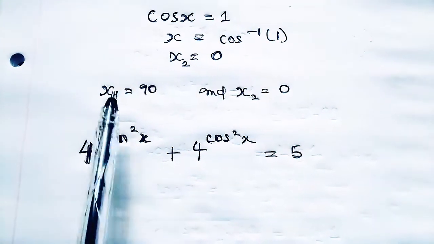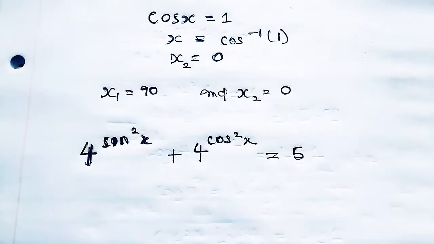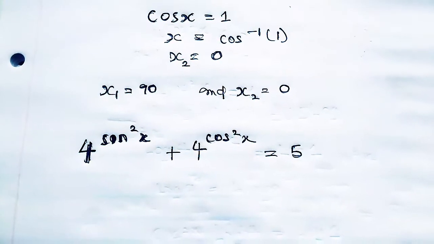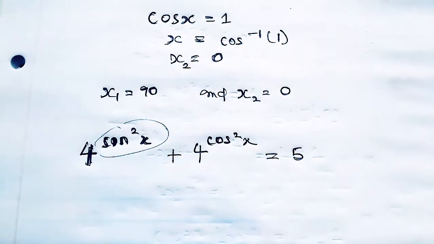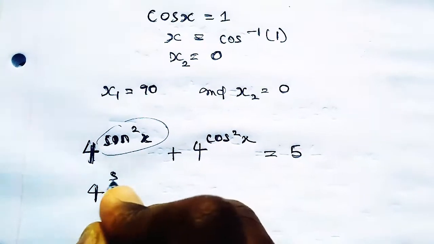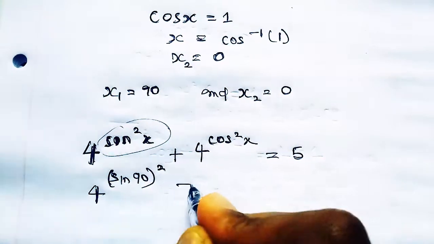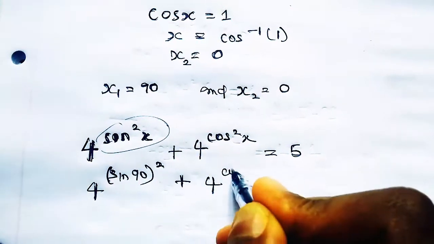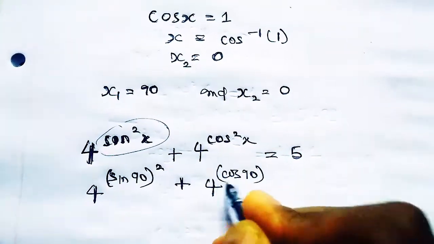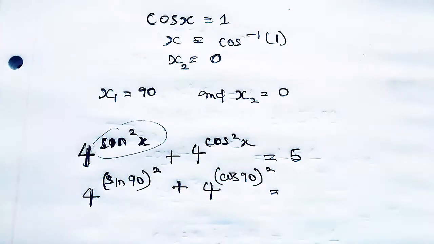So let's check if this will actually give us 5. Testing my first value of x, if I substitute here, we'll be having 4 raised to power sine 90 all squared plus 4 raised to power cos 90 all squared.